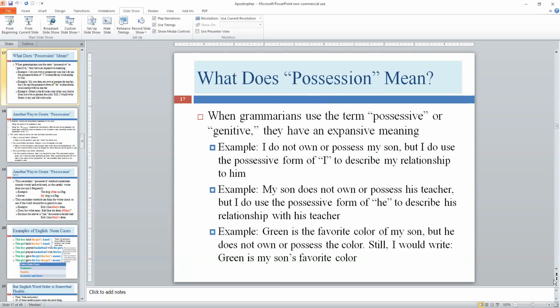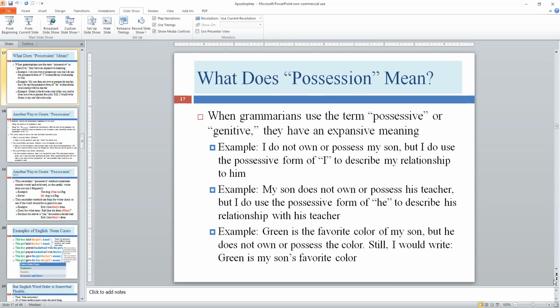For example, I have a son. He's 10 years old. I might call him my son. I don't own him. I don't possess him right now. He's not in the room with me. And yet he is my son. Or if I say Professor Groover's son, Professor Groover is in the possessive case, even though I don't possess or own my son.